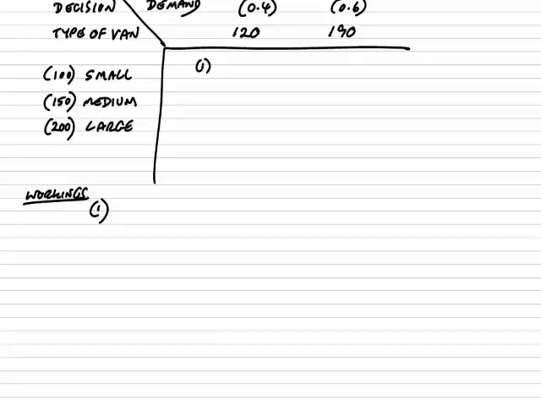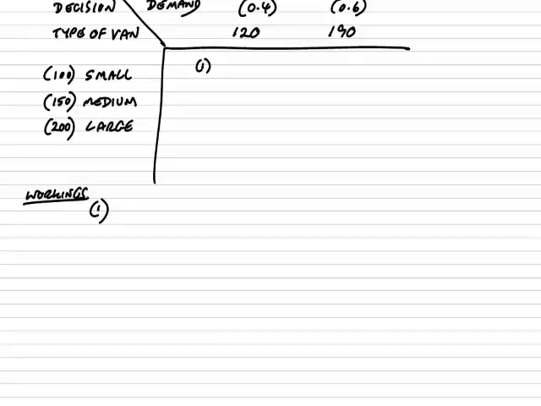SH is concerned that if the demand exceeds the capacity, customers will have to be turned away. And in this case, goodwill would have to be charged against the profits to allow for lost sales. And finally, depreciation. 200 for the small, 300 for the medium, 400 for the large. So that's going to be easy.